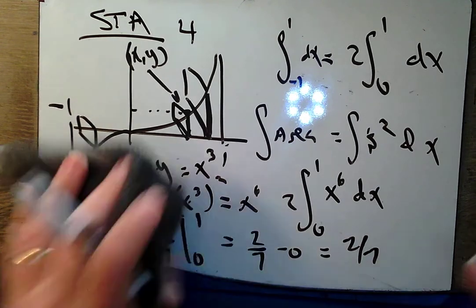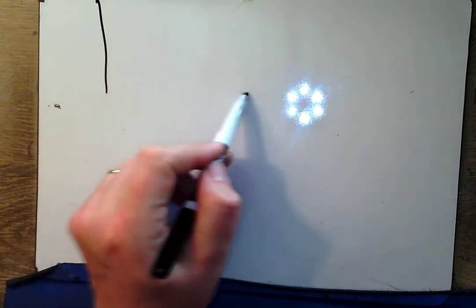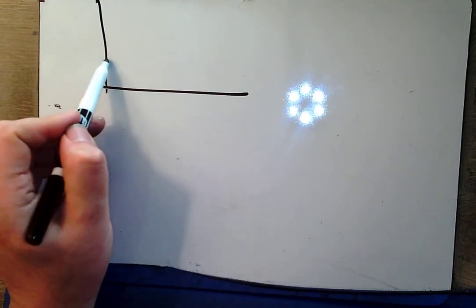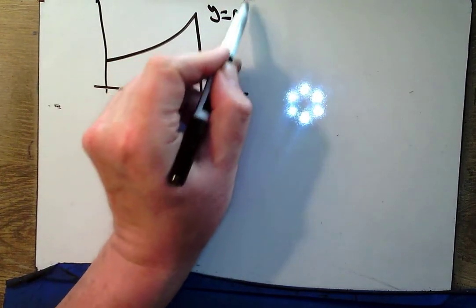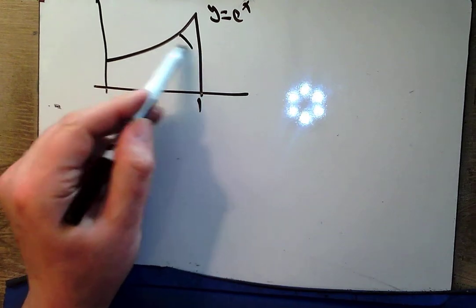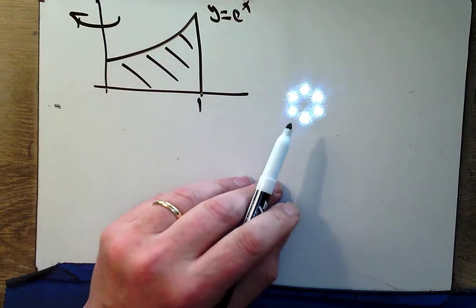Station 5 says find the volume of the region bounded by the x-axis and y equals e to the x on 0 to 1. And so this is our region, and we're rotating it around the y-axis.